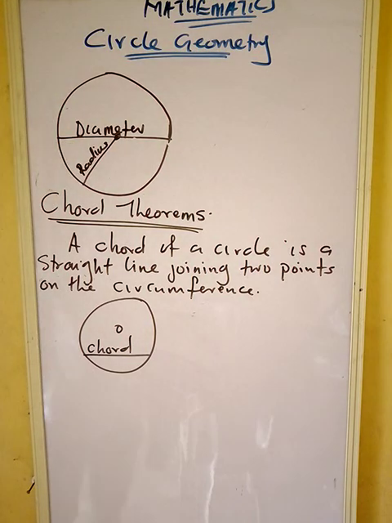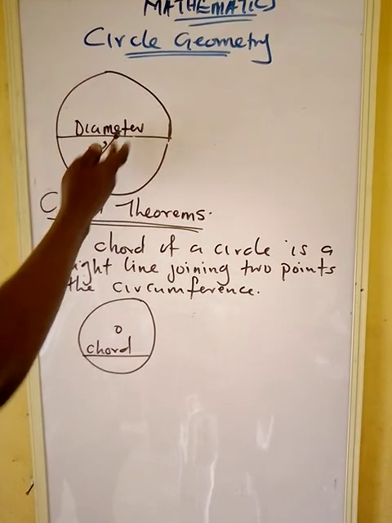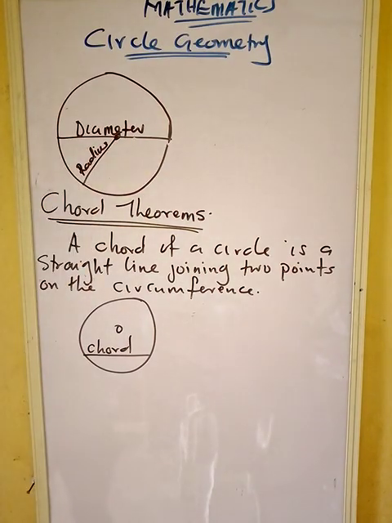While a line from the center of the circle to any part, that is from the center to this side, we call it a radius. So half of the diameter is the radius. That is, if they give any value for the radius, you multiply it by 2 to get your diameter. And when they give you the diameter, you divide your diameter by 2 to get your radius.